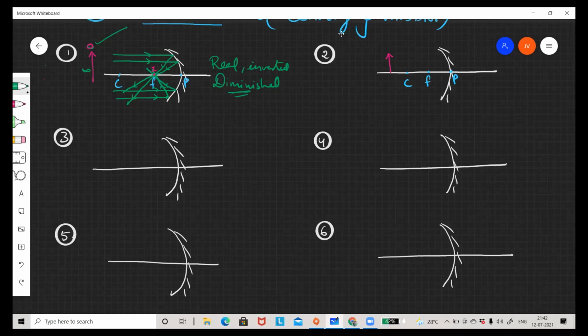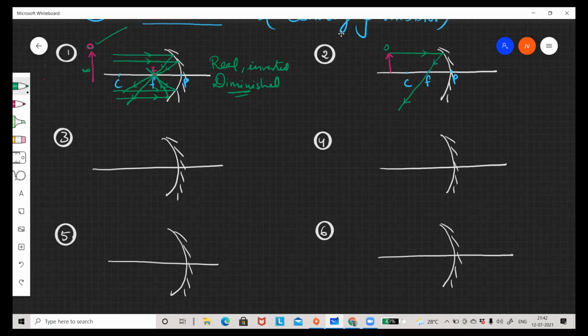Here you see from the object, a ray of light incident parallel to the principal axis. How it should go according to the first rule: if a ray of light is parallel to principal axis, after reflection, it passes through F. First rule is over.